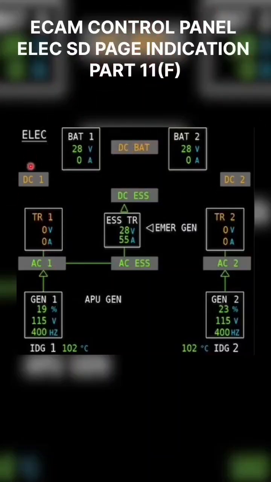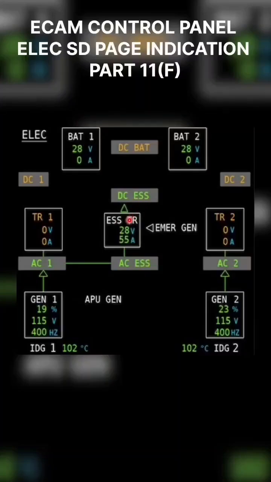So TR1 lost, TR2 lost, then DC bus 1 lost, DC bus 2 lost, then DC BAT is also lost, and the DC essential is supplied by the essential TR. During this situation, from AC bus 1 it will go to AC essential, then the essential TR, then to the DC essential.